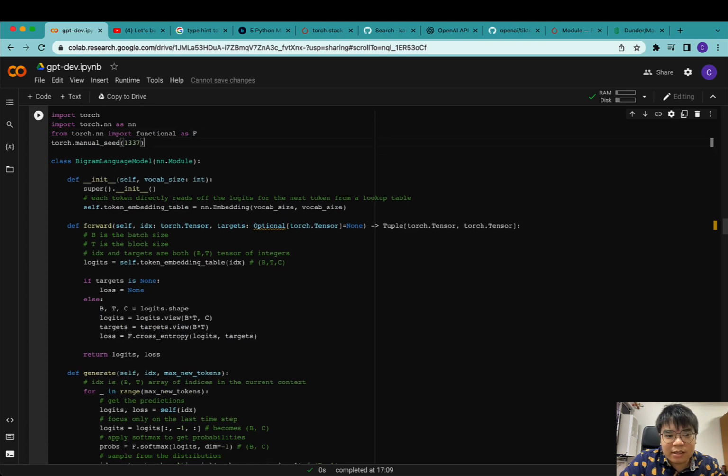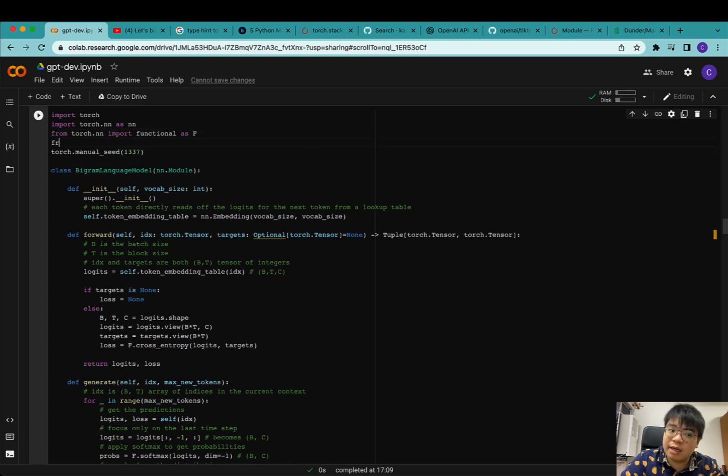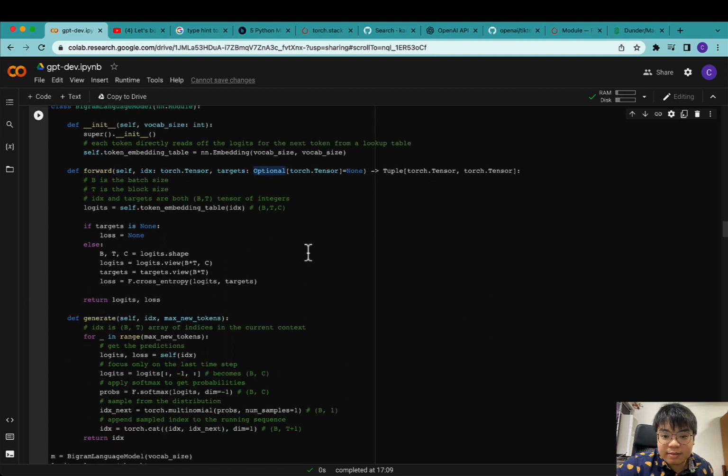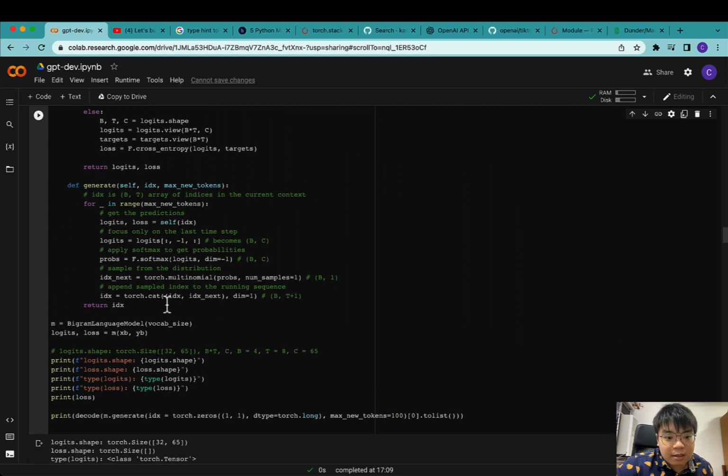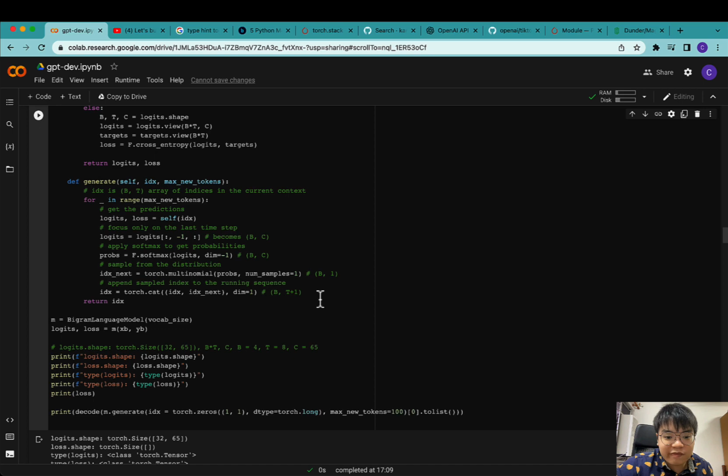I guess if you don't want to use it for training. Okay, I guess that makes sense. When you are using inference, in the sense that you want to use the model to predict the next word and you're not using it for training, then I guess the targets here would be optional. And we only pass it during training. Nice. Okay, so this makes sense.